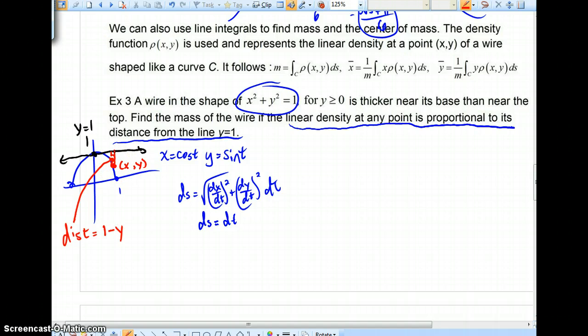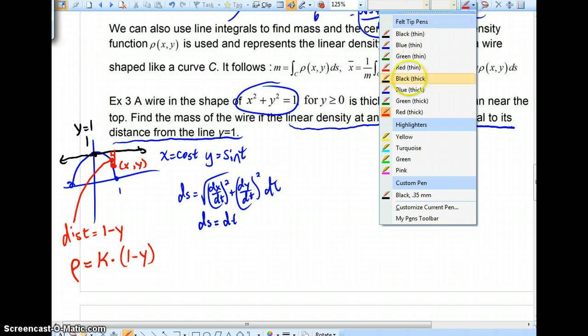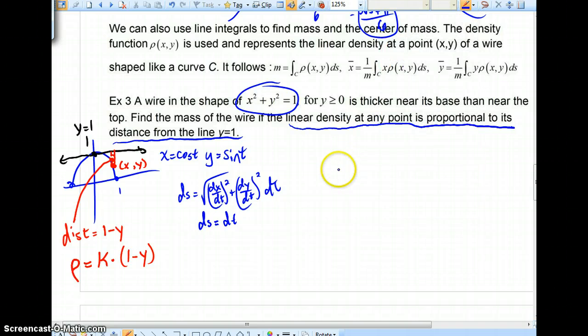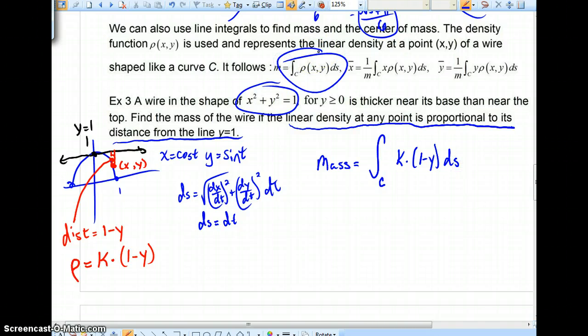Whatever our y coordinate is, it's that far away from y equals 1 itself. And that means that rho, our density function, is proportional, so take k times the distance. So look what we're really going to do here. We're going to say that our mass is equal to this line integral of k times 1 minus y ds. And that's really what we've got right here.